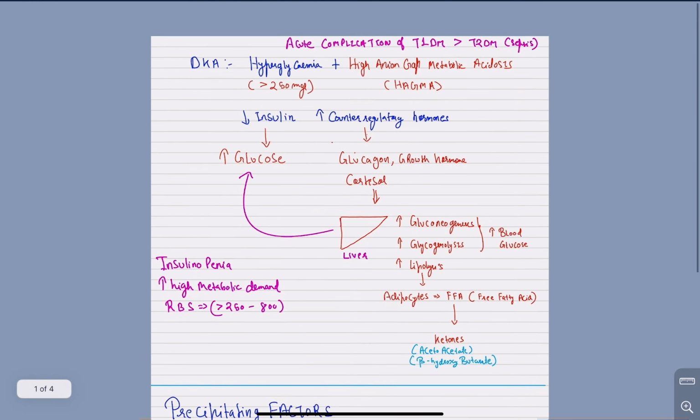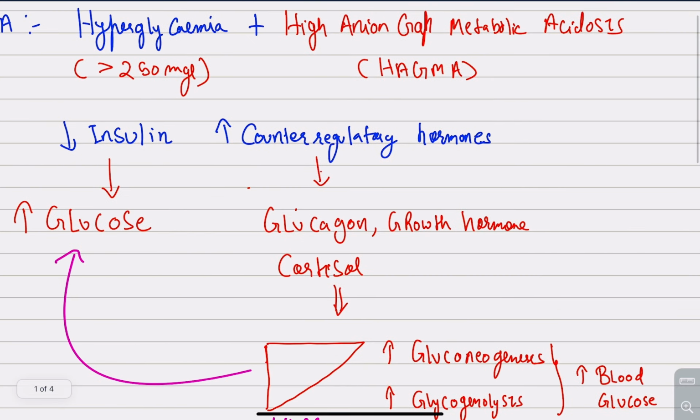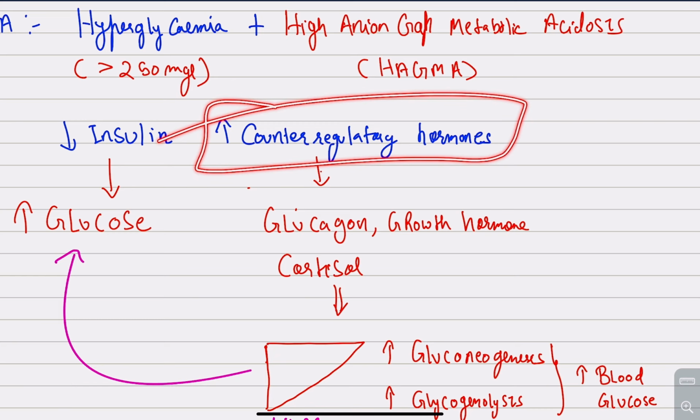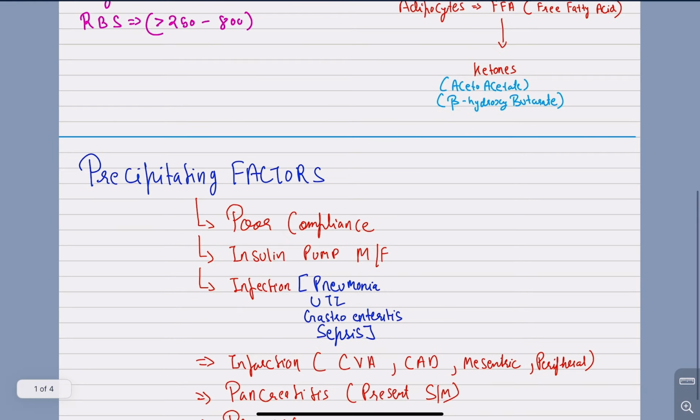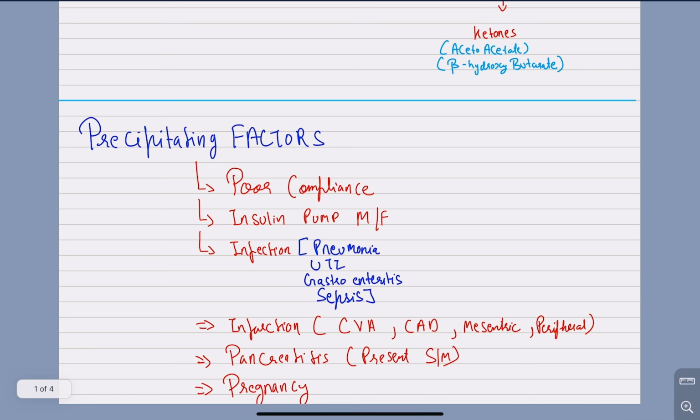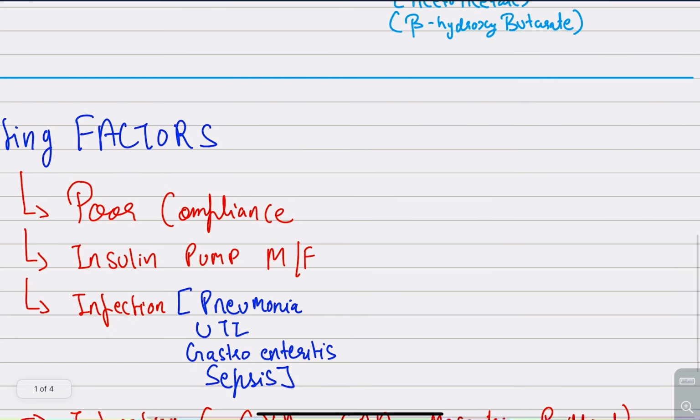Now, what are the precipitating factors that increase counter-regulatory hormones? Let's say you have a patient in your emergency department who is on insulin but has forgotten the insulin because his mother, who administers the insulin to her son, was busy.